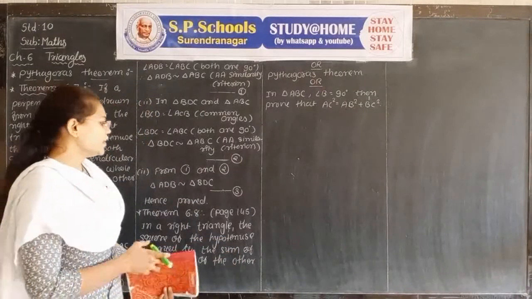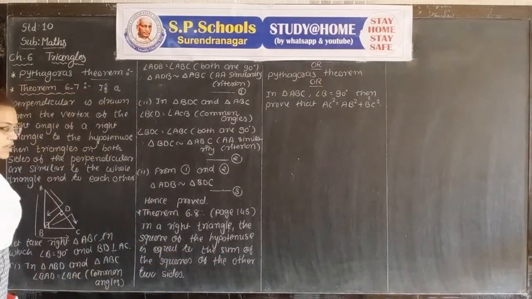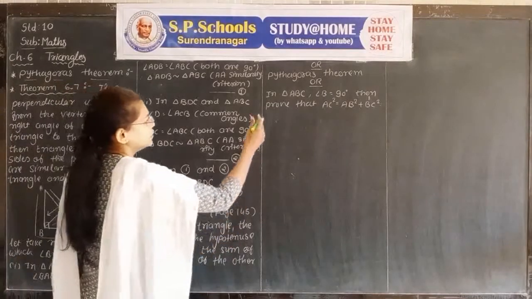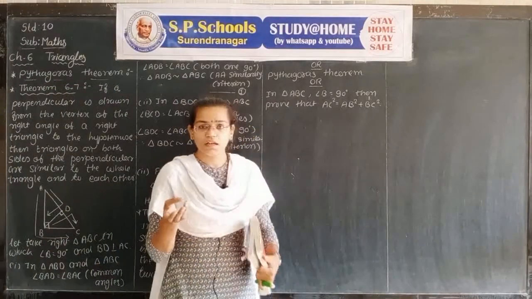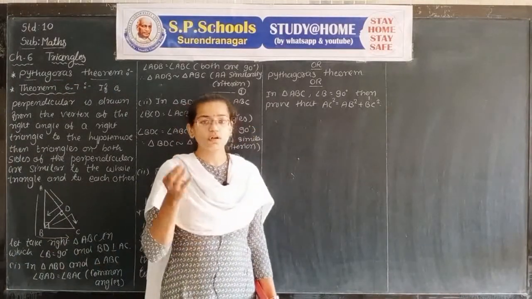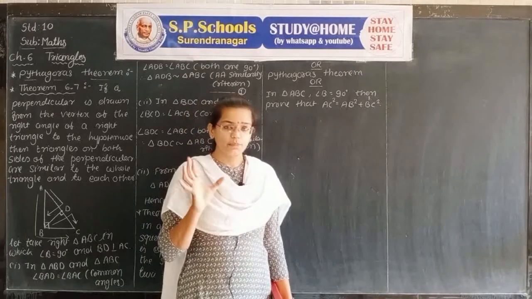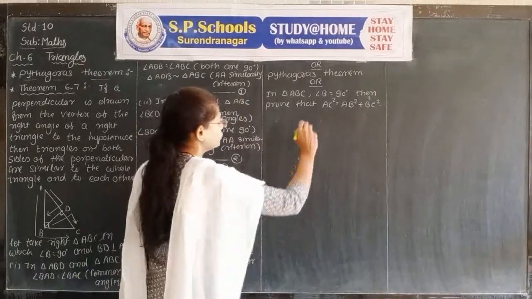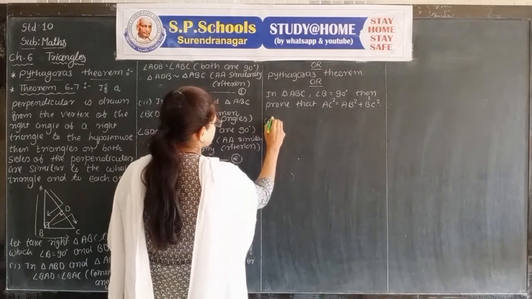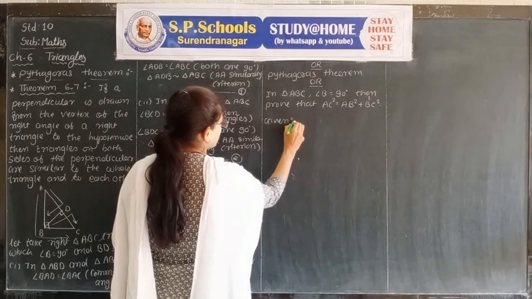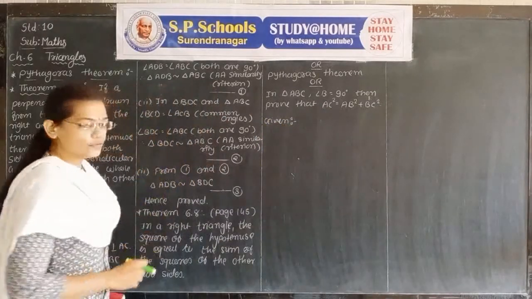For that we have to use our theorem 6.7. The theorem has 4 parts: given, to prove, figure and the proof. First of all we write given, which is a part of the proof of the theorem.